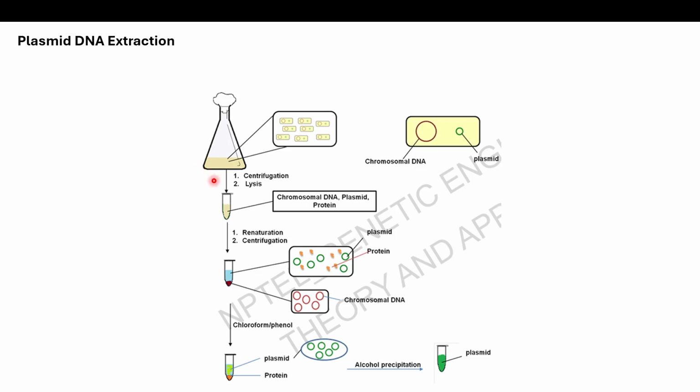So we have to have many copies of the same cell that have taken up the plasmid. And then we have to break the cells open, which is the lysis method here. Because these bacterial cells have a cell wall and stuff, the plasma membrane also has to be disintegrated so that the cytosolic components, the plasmids or genetic material, or ribosomes, can come out, right?